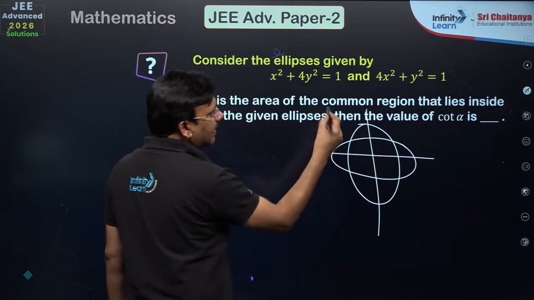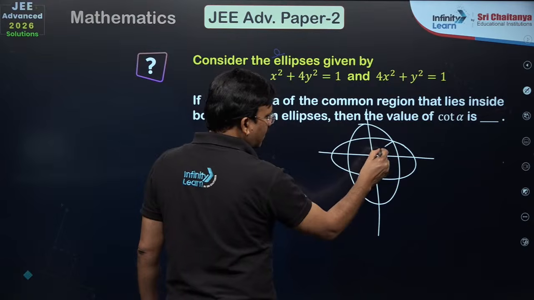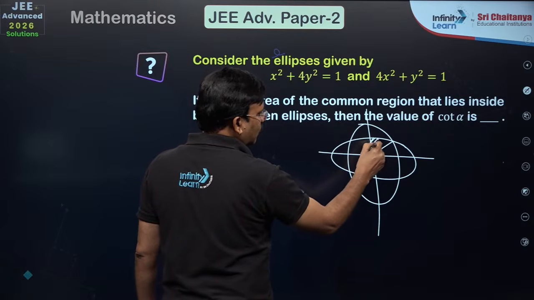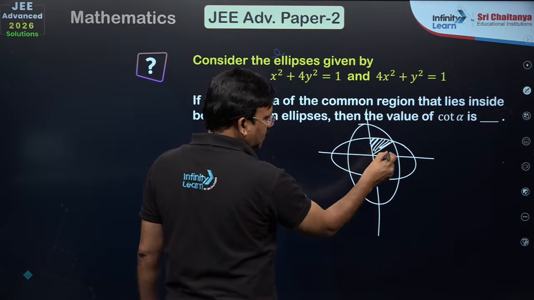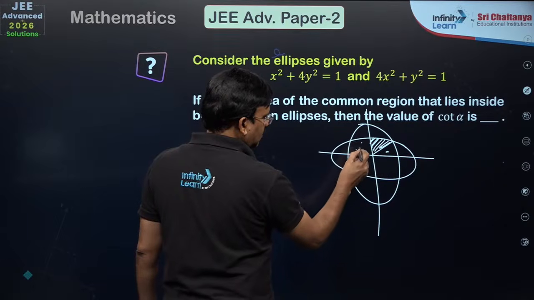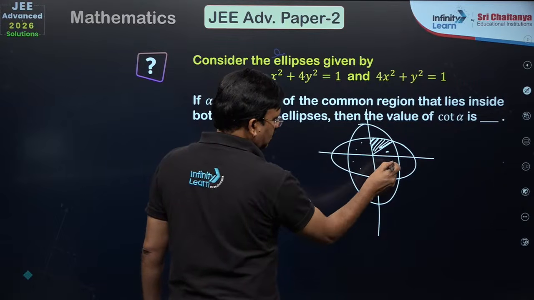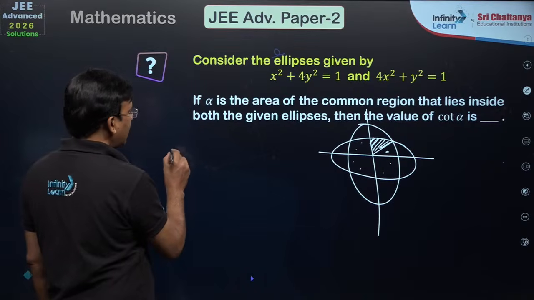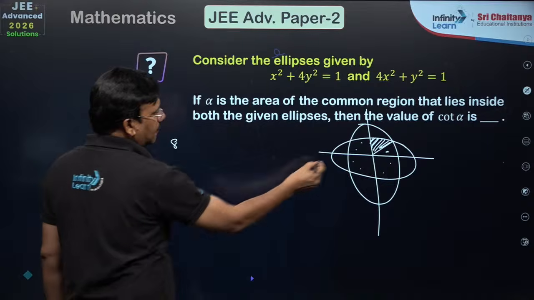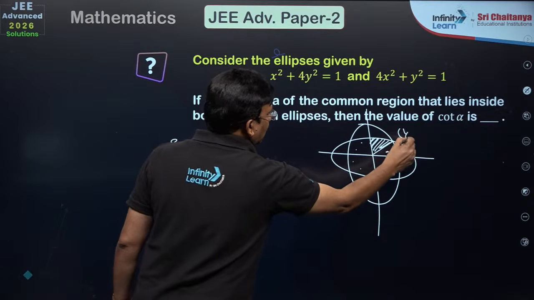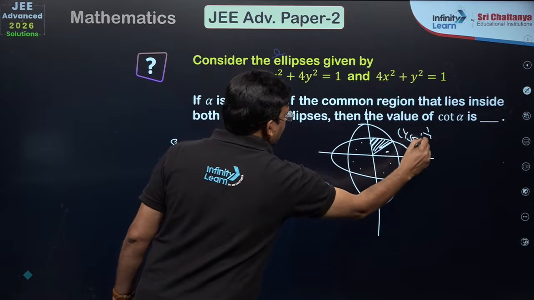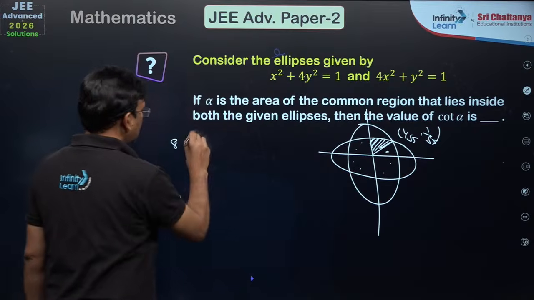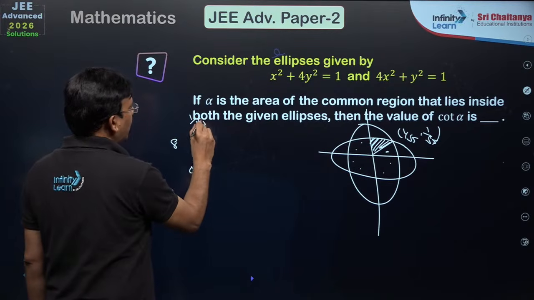So the area enclosed between these two, by symmetry, my dear friends, if you take this particular part here, 8 such parts will be there. So the area is going to be 8 times this integral, from 0 to 1 by root 5.